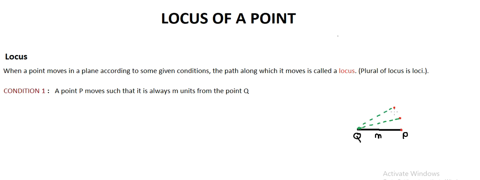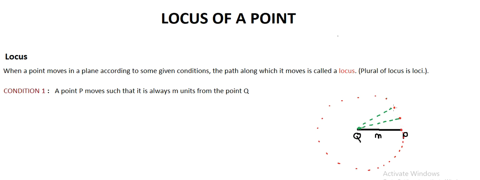So if we move the point in a circular manner, like this, then we already took the distance between P and Q here as m unit.